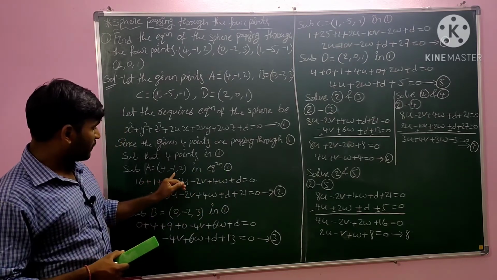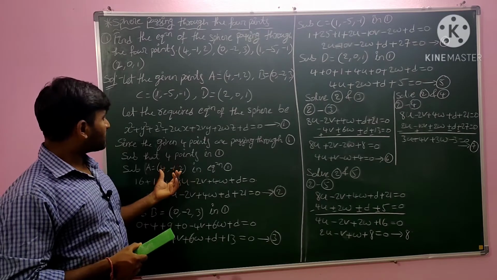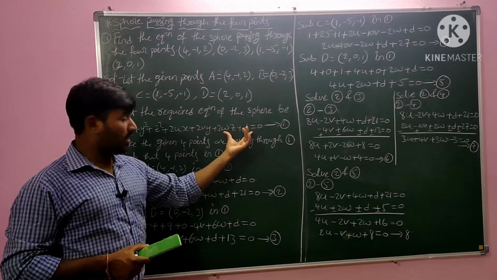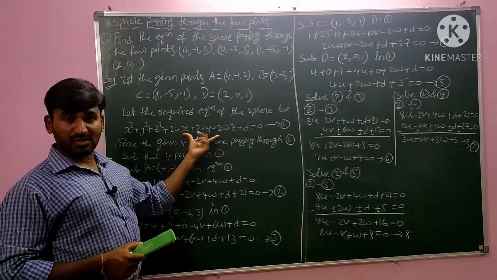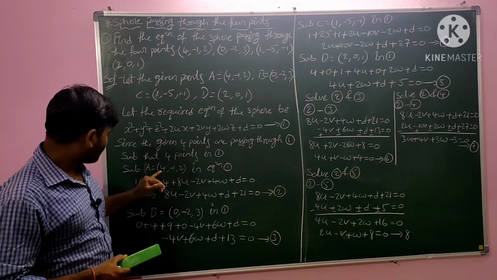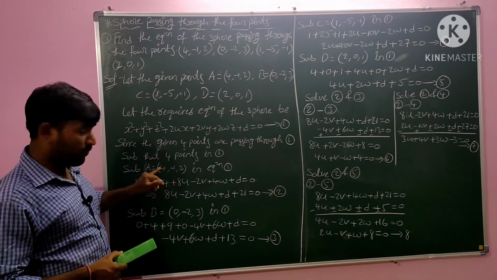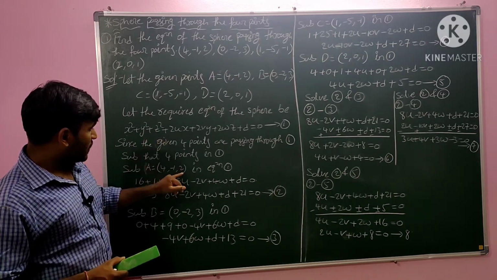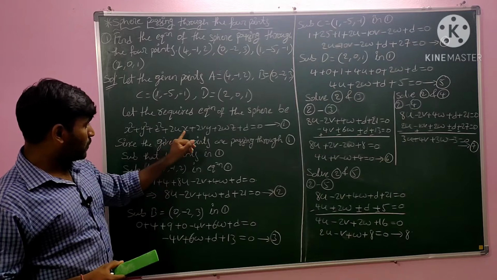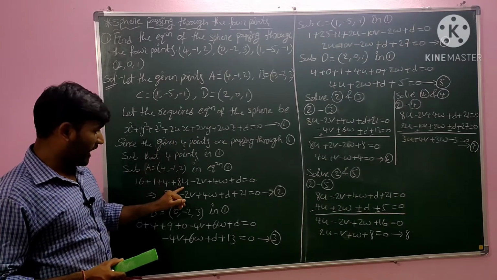Here x equal to 4, y equal to minus 1, z equal to 2. Substitute in equation number 1, because this point satisfies the equation. First x square: x is 4, 4 square, 16. Y square, minus 1 square, plus 1. Z square, 2 square, that is 4. And 2ux, here x is 4, 2 fours are 8 into u, 8u.